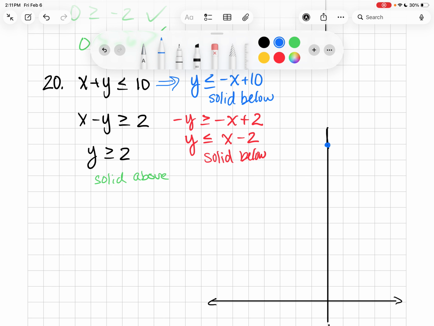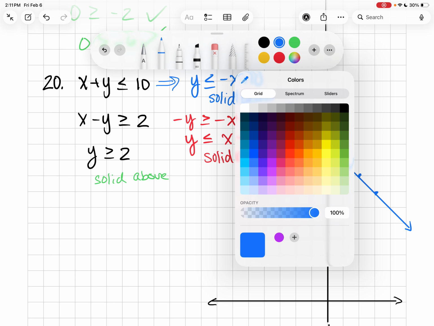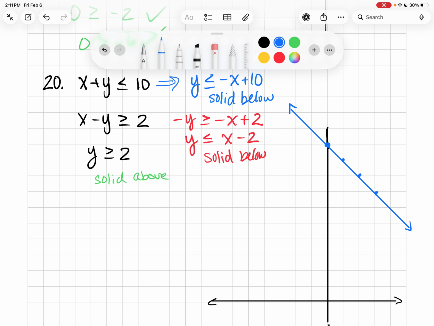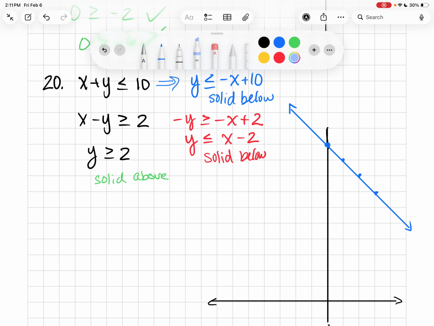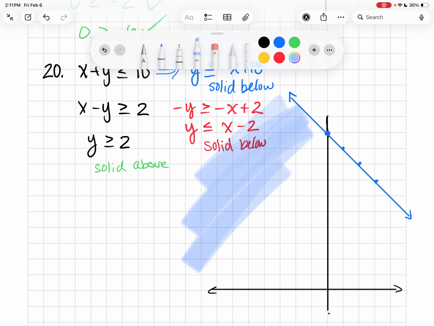Slope of -1, down 1, right 1. I'm not going up and back even though I can because I'm not making my graph any larger. It is solid. Now we shade below. So that means I'm down here.